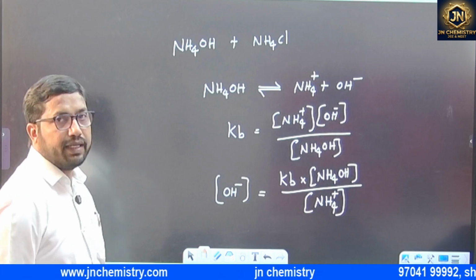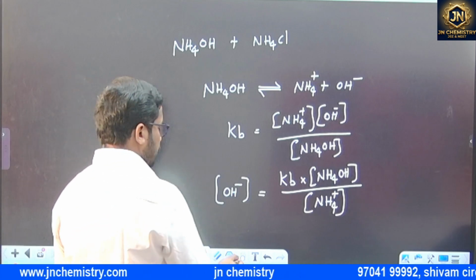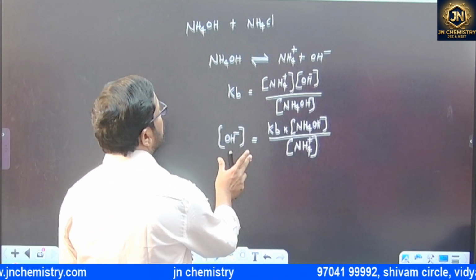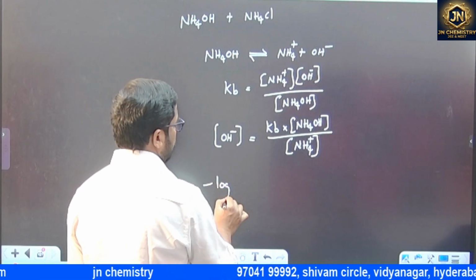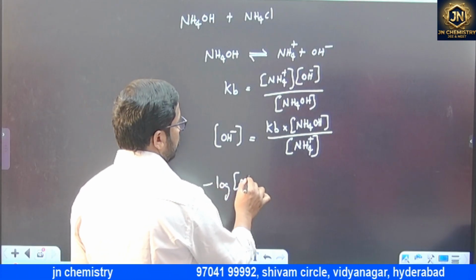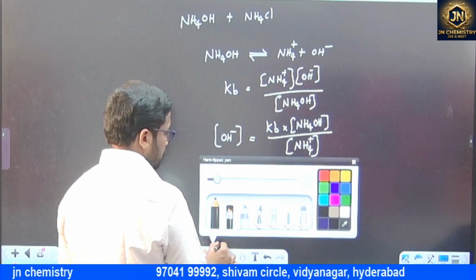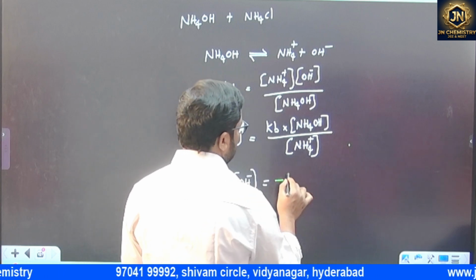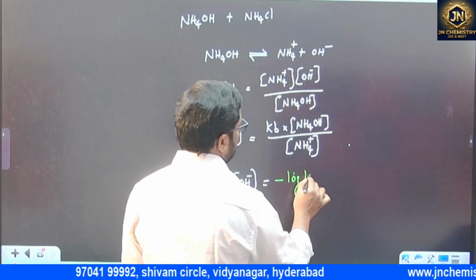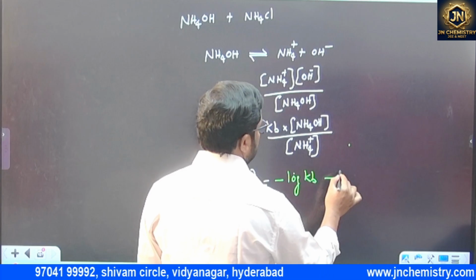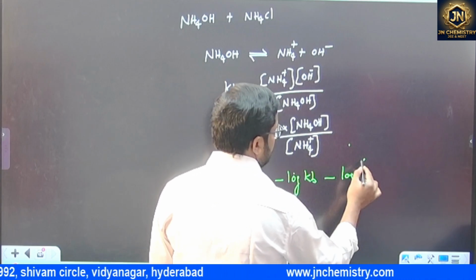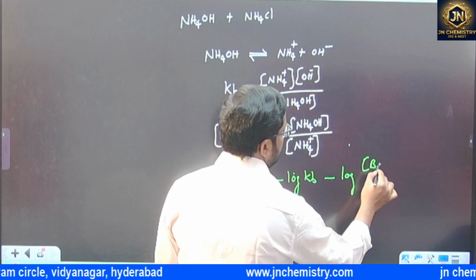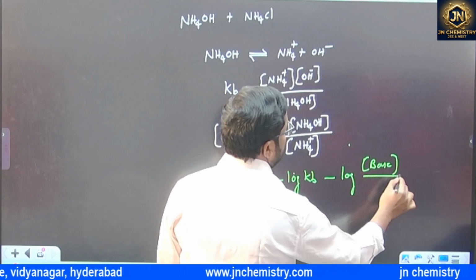Right? Applying the log on both sides, minus log OH minus equals minus log Kb, plus log, this is base by salt.